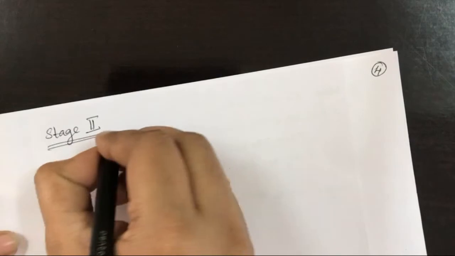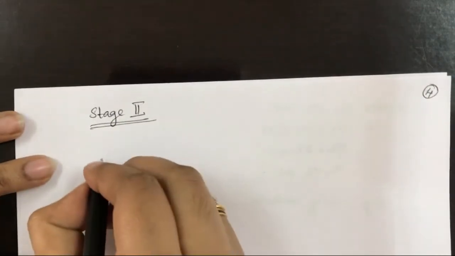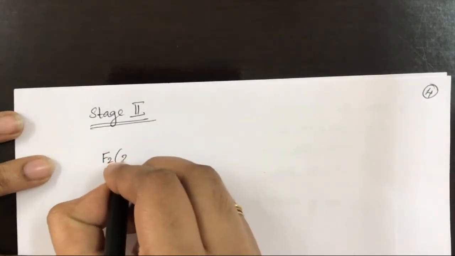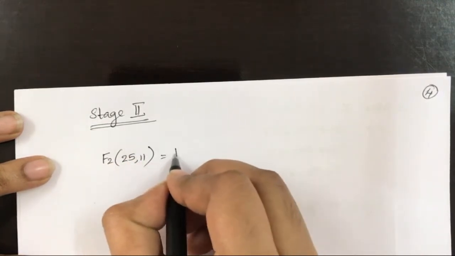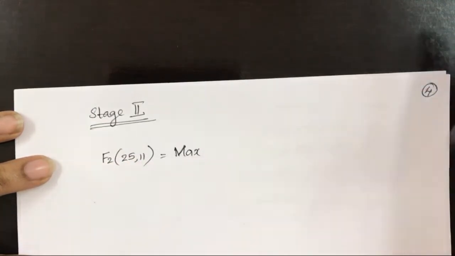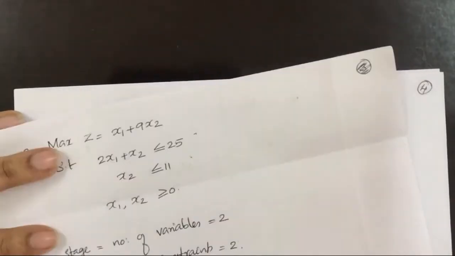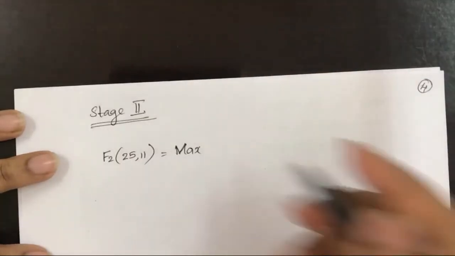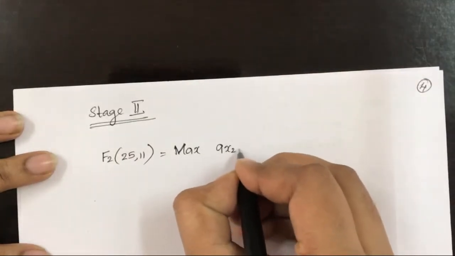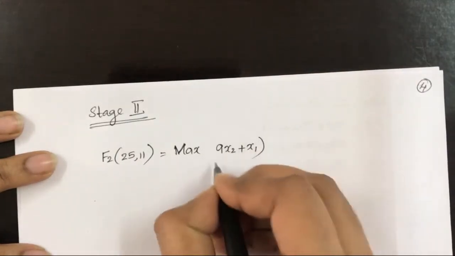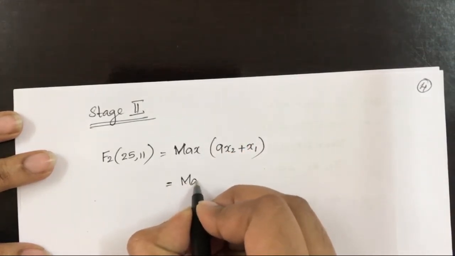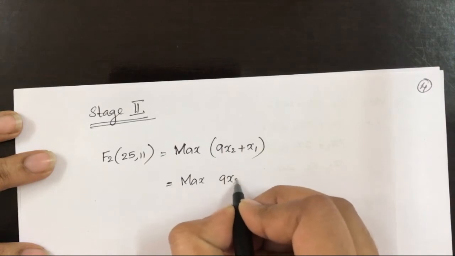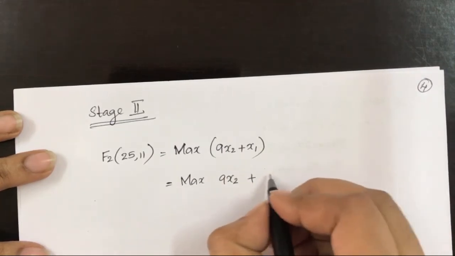Stage 2. Again formulate the function f2 of 25 comma 11 is equal to maximize 9x2 plus x1, that is maximize 9x2 plus, what was the value of x1?